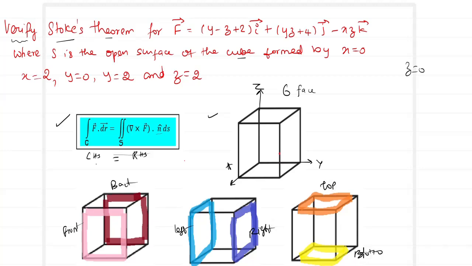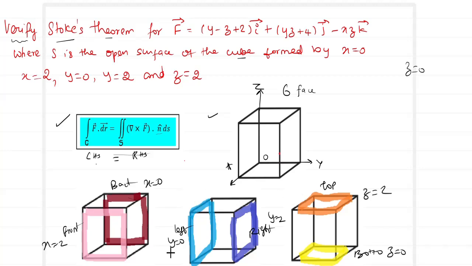Okay. So the back portion is going to be the zy plane, so you call it x equal to 0. The front portion is x equal to 2. The xz plane is going to be y equal to 0, and this will be y equal to 2. And the bottom is the xy plane, so this is going to be z equal to 0, and the top will be z equal to 2.